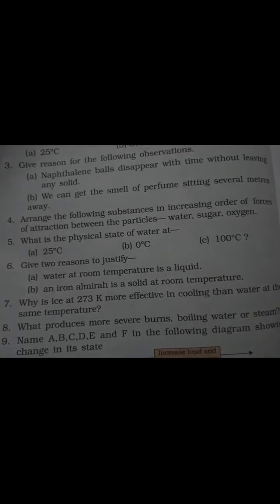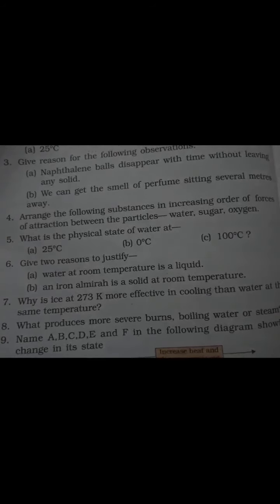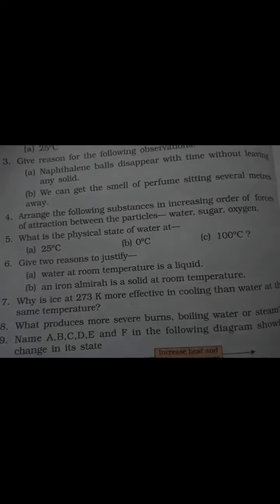Here, water is in liquid form, sugar is in solid form, and oxygen is in gaseous form. Now, if you remember the properties of the states of matter, you can answer the question about forces of attraction among the particles of water, among the particles of sugar, and among the particles of oxygen.